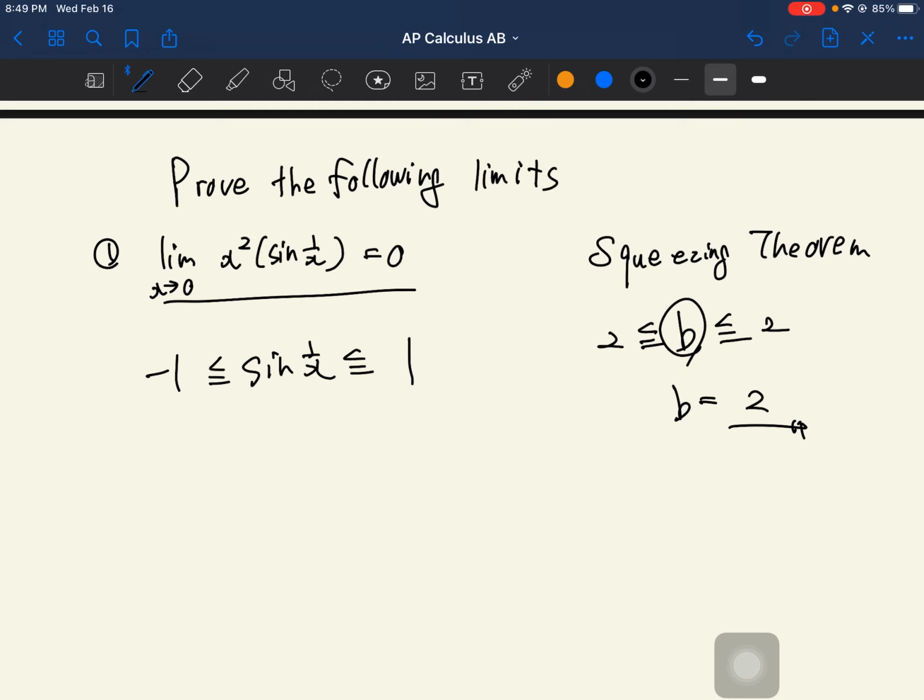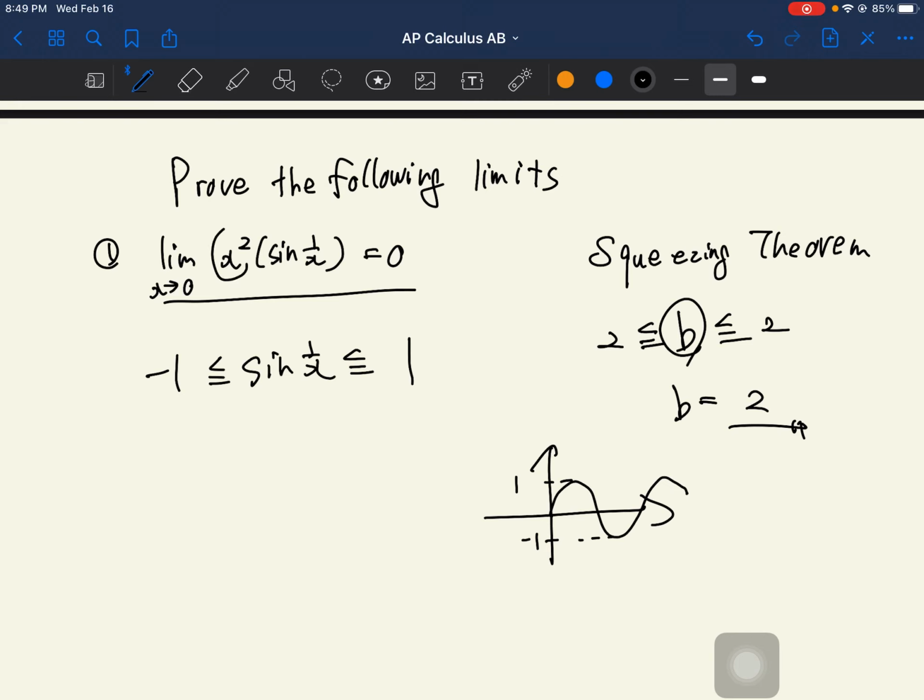Why? Because the sine curve is always like this: the maximum value is 1 and the minimum value is -1. That's why sine of something is always between -1 and 1. So let's start from here.